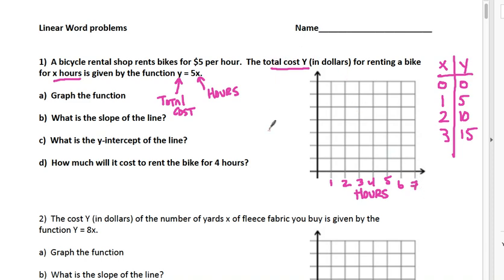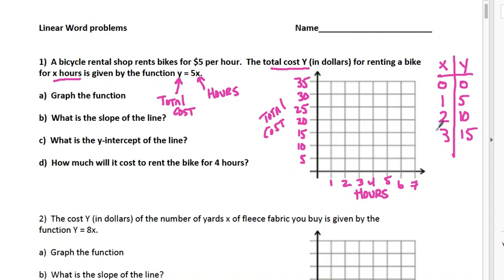And the y is the total cost, so that's going to go on our y-axis. If we look at our numbers here, it looks like they're going by fives, right? So maybe we would want to have our y-axis go by fives. So this would be 0, 5, 10, 15, 20, 25, 30, 35.